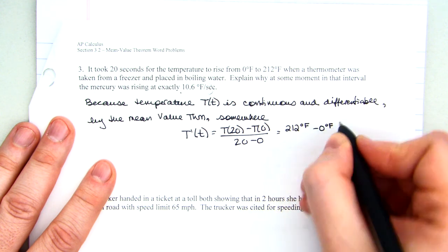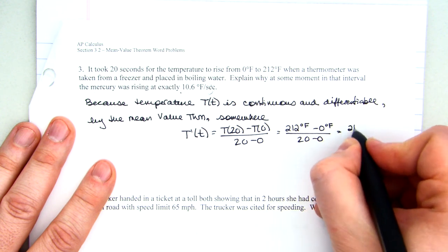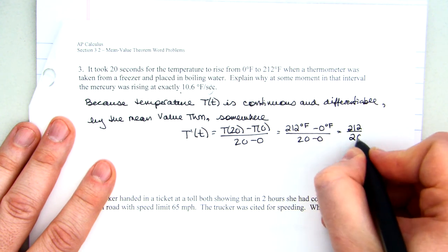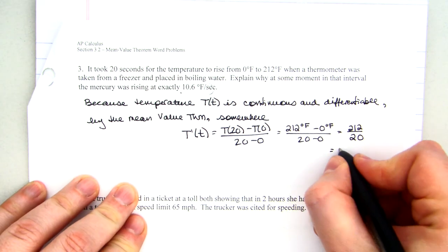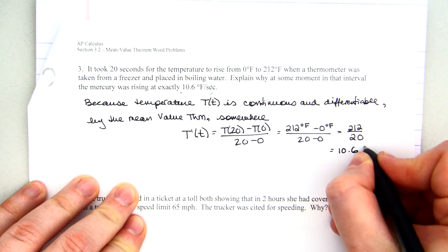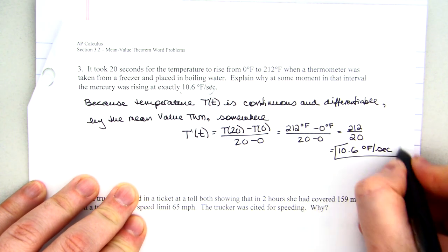Maybe I don't need the units in the work, whatever. Over 20 minus 0, I'm going to get 212 over 20. Go to your calculator.